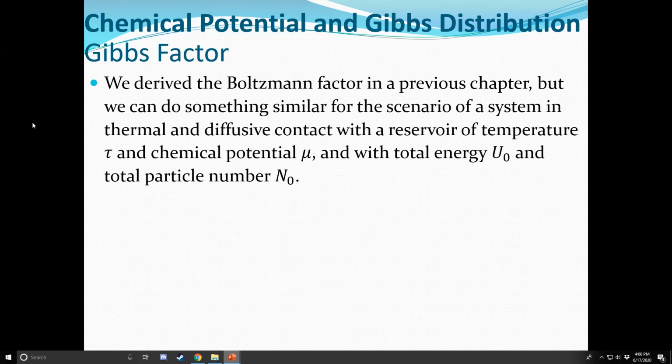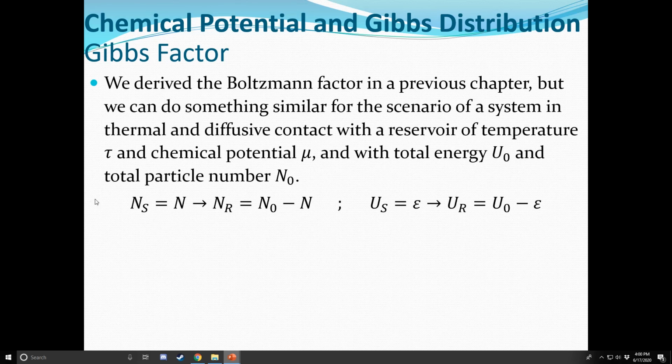So what we end up having is a total, we have these variables. We have tau being the temperature of the reservoir that's maintaining. We have the chemical potential of mu. We have the total energy, internal energy U0, and the total number of particles N0. So again, we kind of are going to do the same thing that we did last time.